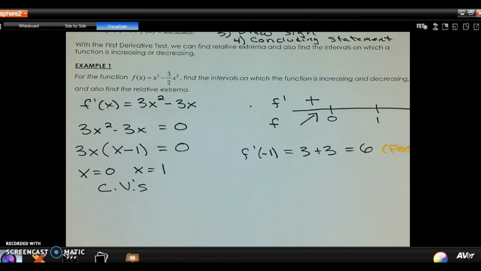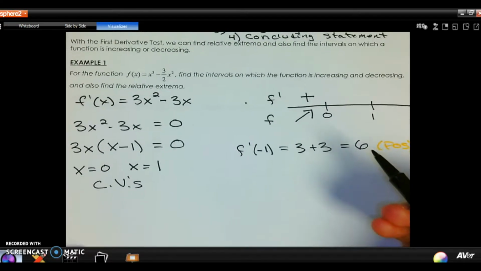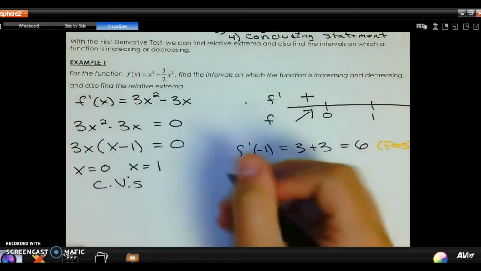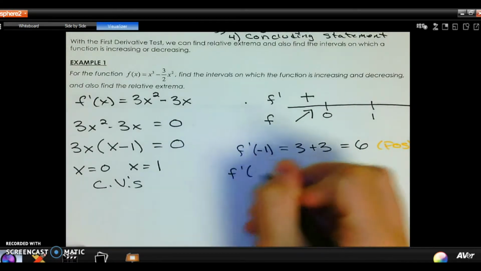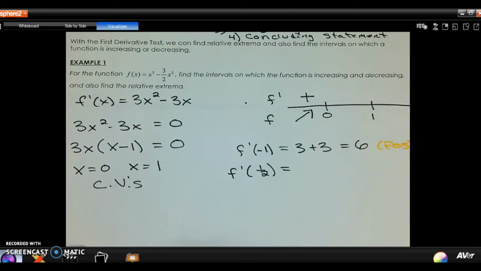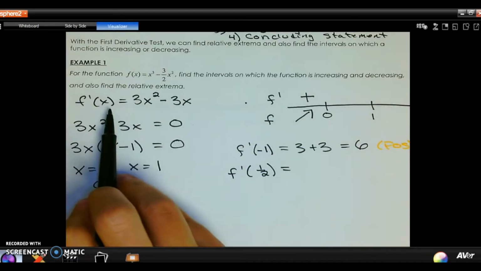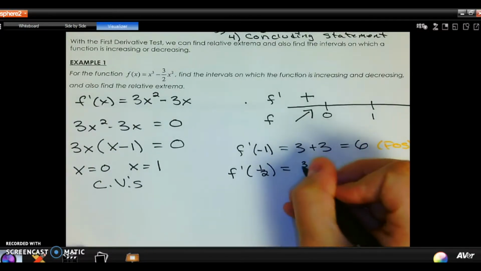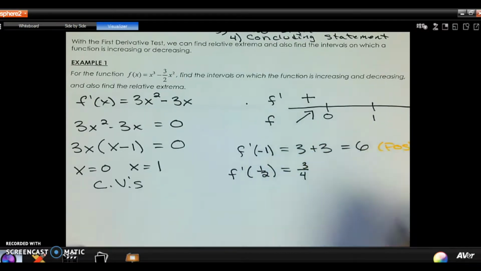Now I'm going to do the same thing, but this time I'm going to plug in a number between 0 and 1. I picked a half, because you want to pick something relatively easy to plug in. When you plug in a half into the derivative, 1/2 squared is a fourth, so 1/4 times 3 is 3/4.